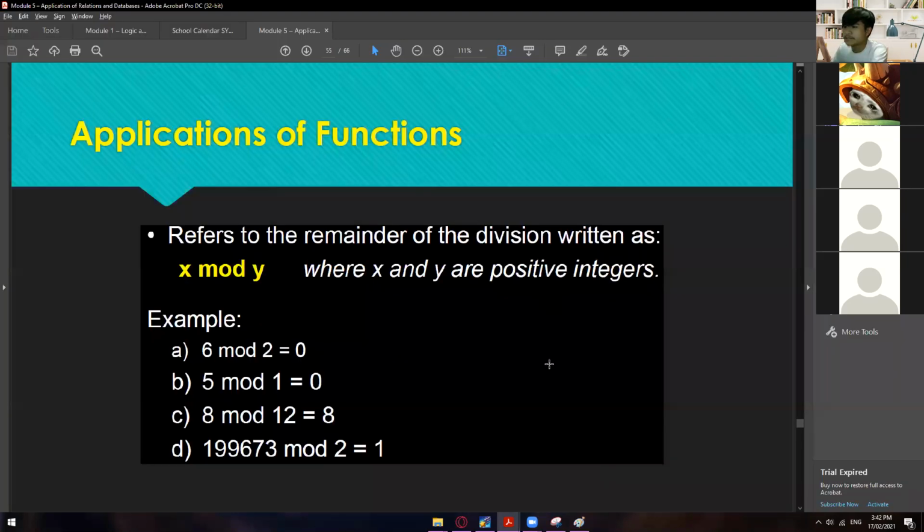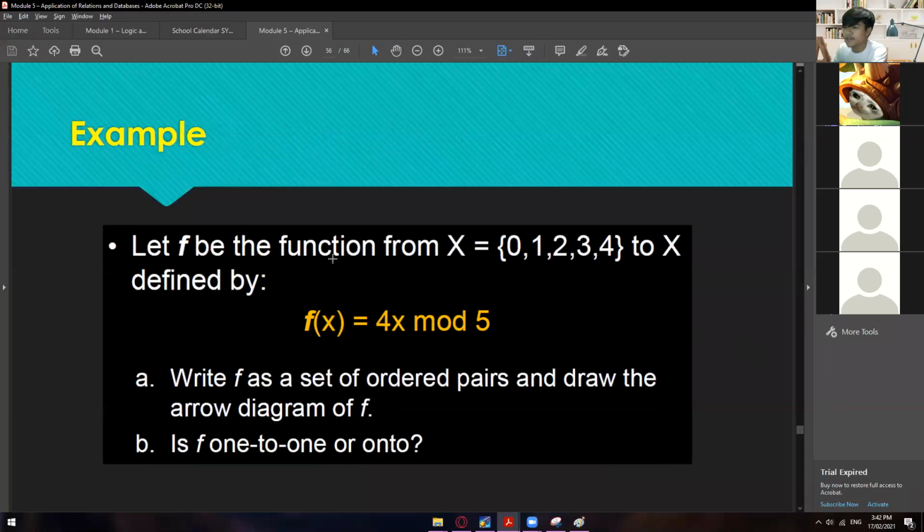So next, we have here an example wherein let f be the function from x, wherein x is equal to 0, 1, 2, 3, 4, to x defined by this function. So we have this function for your y. This is already your x, and then you're now looking for your y.